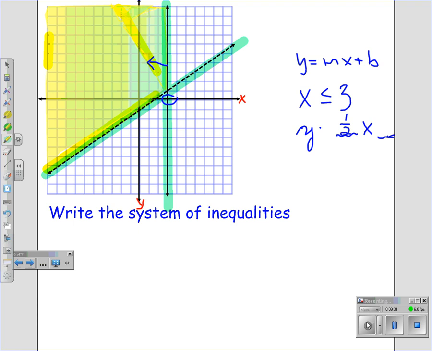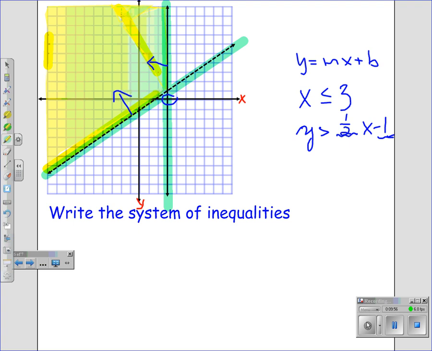Jordan? -1, so we're going to go -1. And now we have to decide on the greater than, less than, greater than or equal to, less than or equal to. What are we thinking on that? Ellie? Greater than. It's a dashed line, so we don't want or equal to. And it's shaded above. Okay? There are your two inequalities.